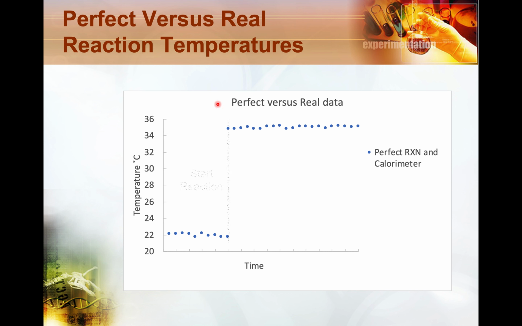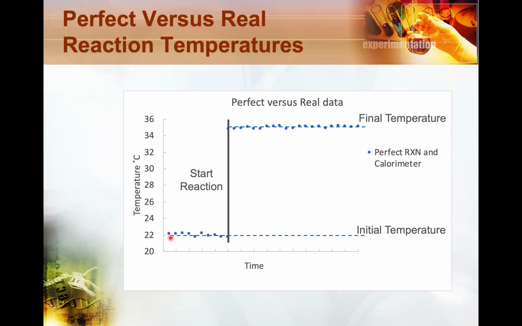But the idea is that the second you add the hydrochloric acid solution, in a perfect setting, it would react completely and instantly. Then you can easily see what the initial temperature is by plotting a straight line and seeing what that average value is, and then doing the same thing with the final temperature. From this, you could find out exactly what that delta T is.